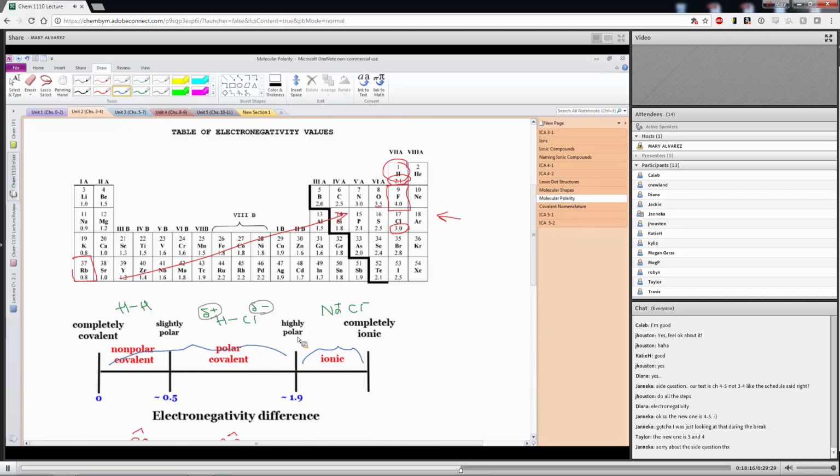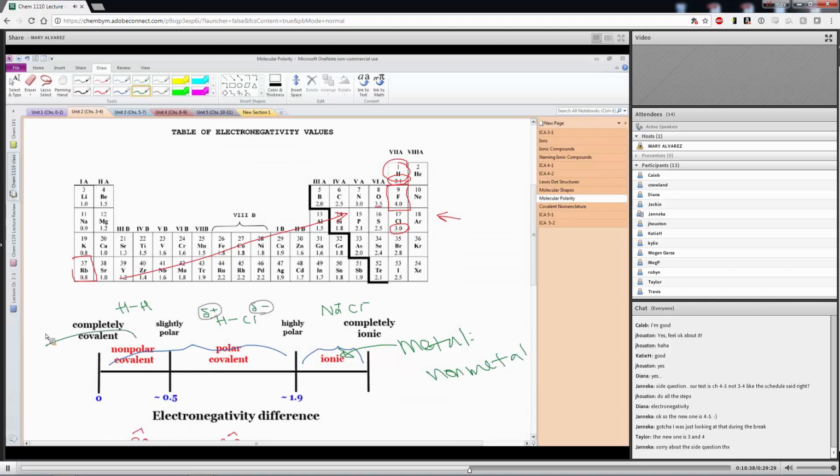No problem, Jenica. One shorter way to do it, and this is what I want you to know for the purposes of this class, because there are some exceptions, because it's a spectrum: if I have a metal and it's bound to a nonmetal, then I'm going to call it ionic.